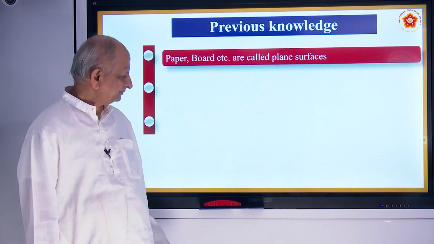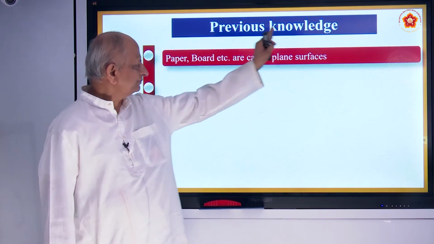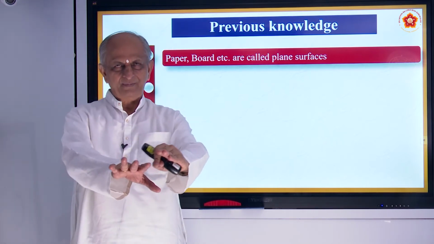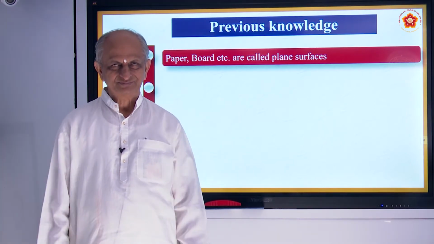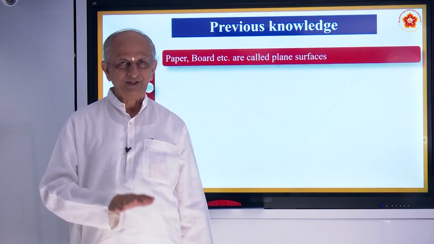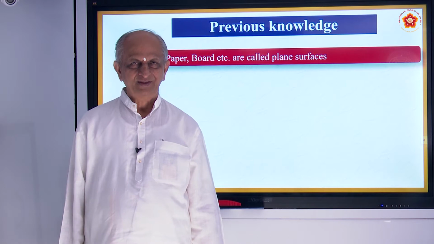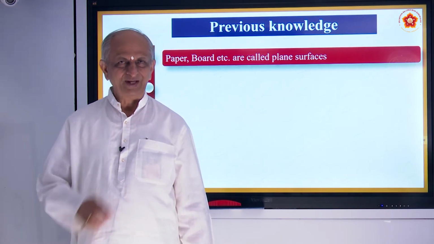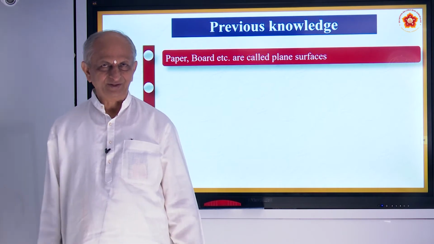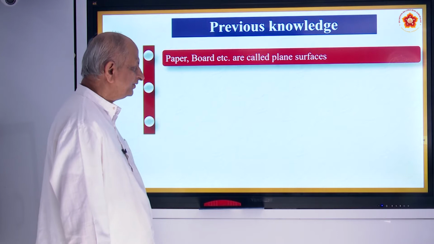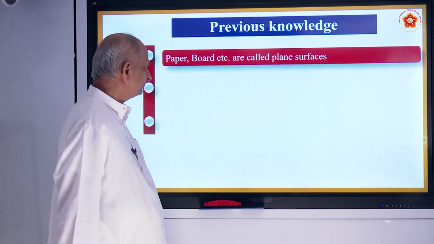For example, this board is called a plane surface. Now you have got a book there. So that one page of the book is called a plane surface. There we don't consider the thickness, only length and breadth. It is a set of points on a single surface.